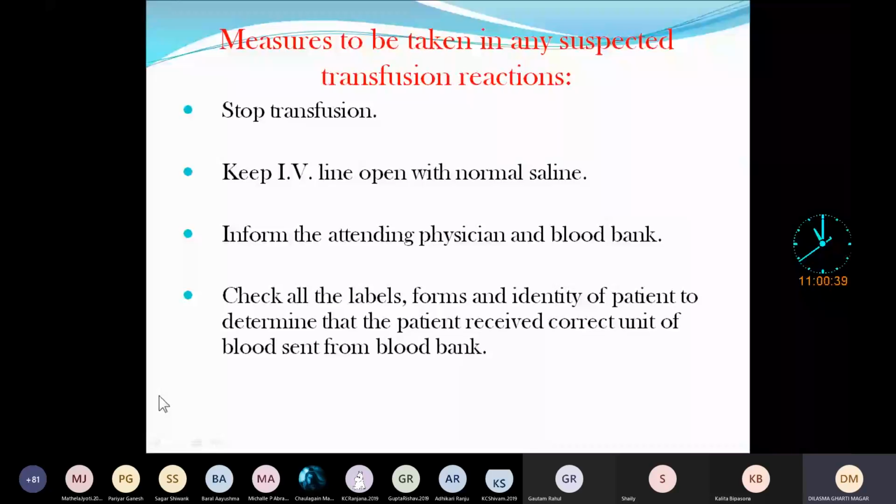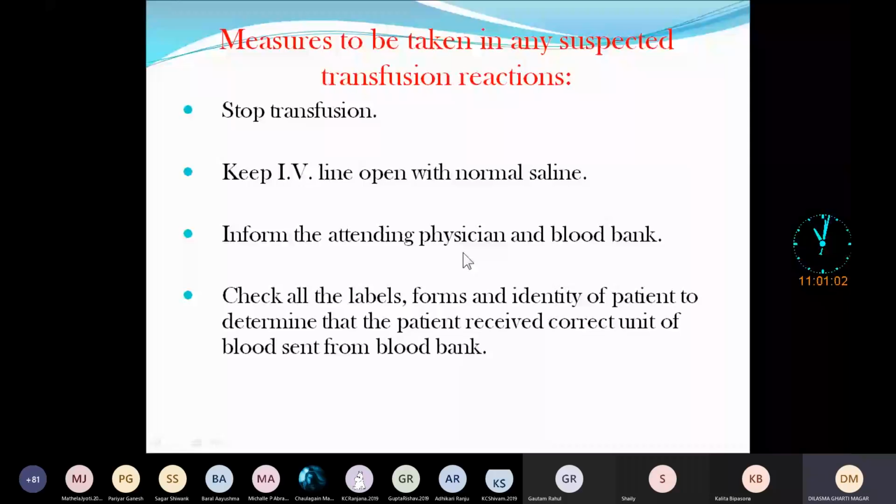So stop the transfusion, keep the IV line open with normal saline. After stopping the blood, that blood has to be stored or sent to the blood bank for storing also. Then we have to inform the attending physician and the blood bank.